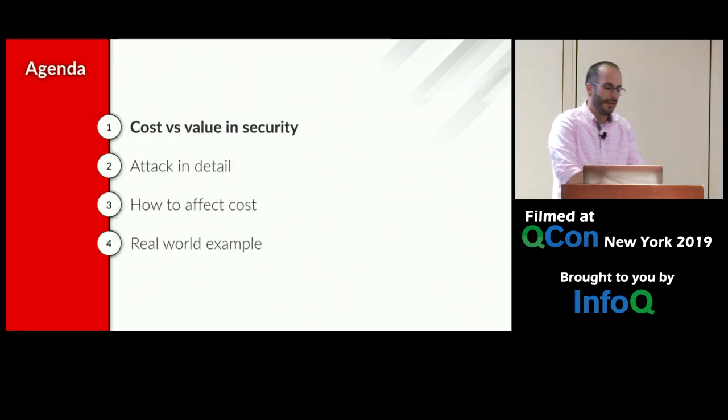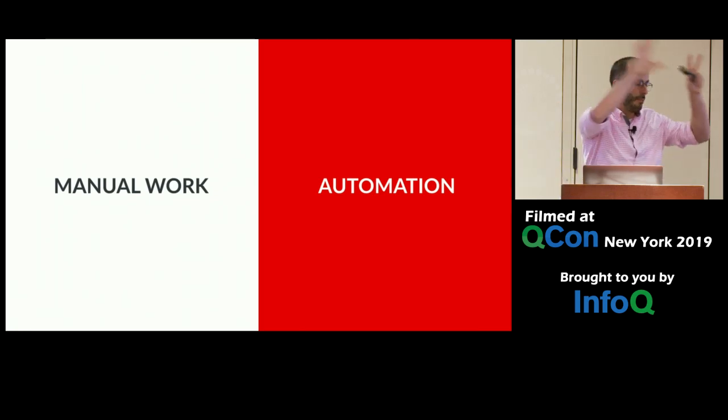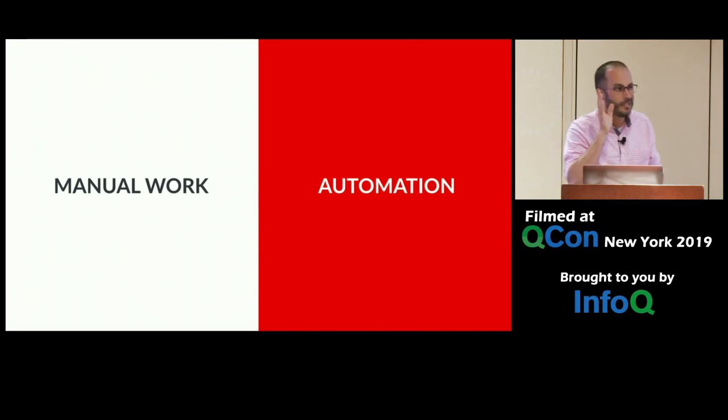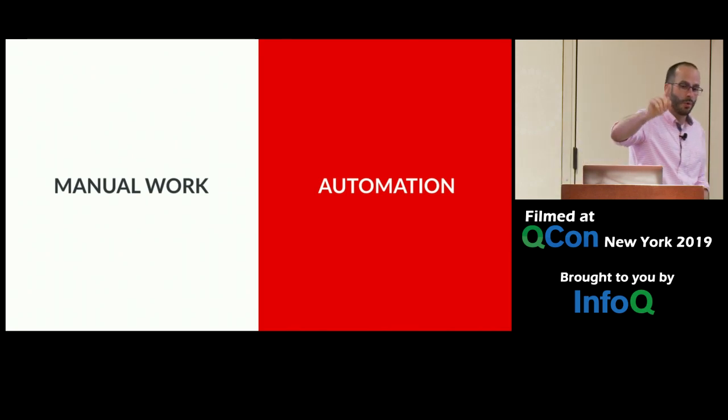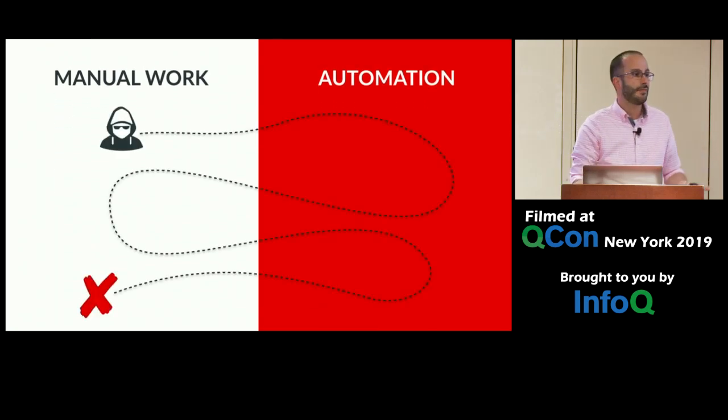So, cost versus value in security. Now it's important to also differentiate manual work and automation. When we talk about an attack, there is no attack that exists where you can go up to a button, press it, walk away, and get money pouring all over you. So there is always some aspect of manual work and some aspect of automation with every attack.